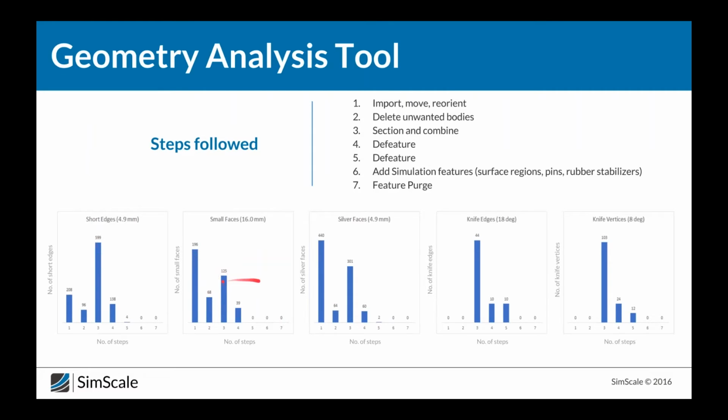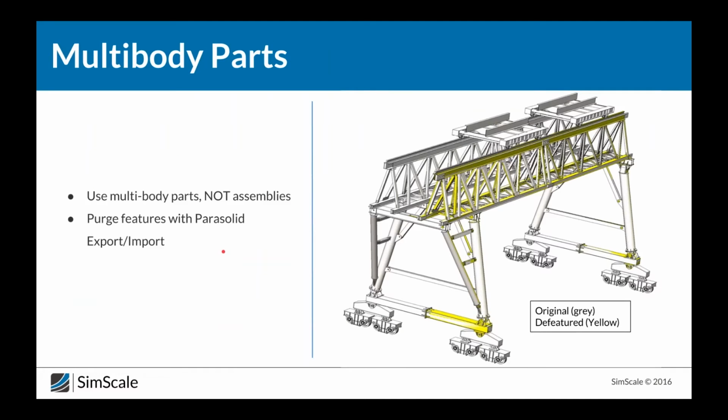Small faces increased after the merge, sliver faces increased, and so forth. So that's a normal part of this process. Merging creates problem geometry, and then we have to go and remove that.